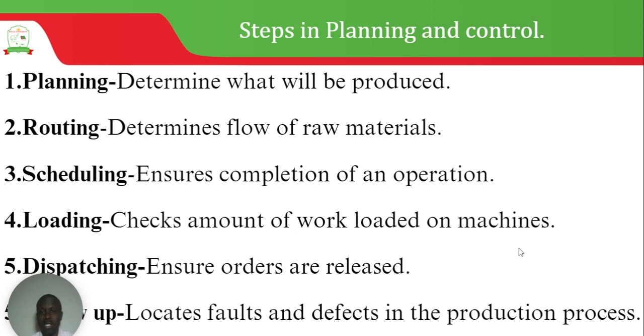So it is important to even give them breaks when you are doing production so that they don't break down midway. And also step number four, we do dispatch, ensure orders are released. And finally, on step number five, we can locate any faults and defects in the production process, and ensure that it is effective.